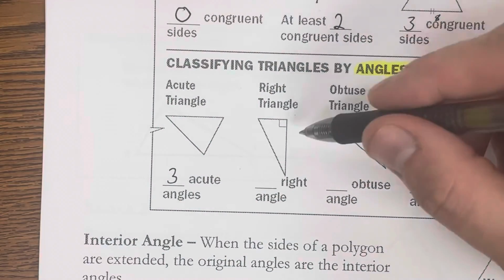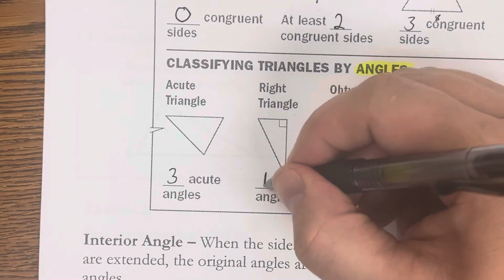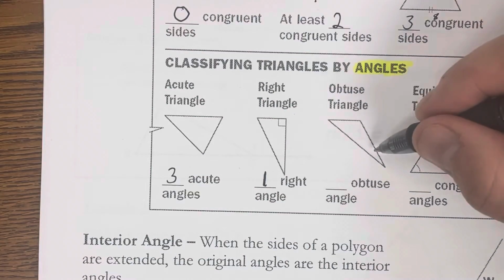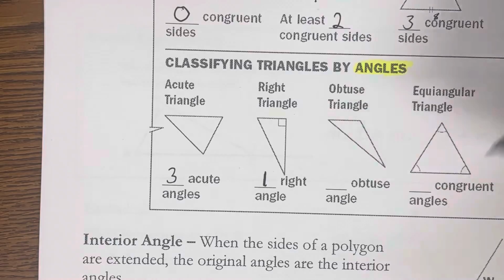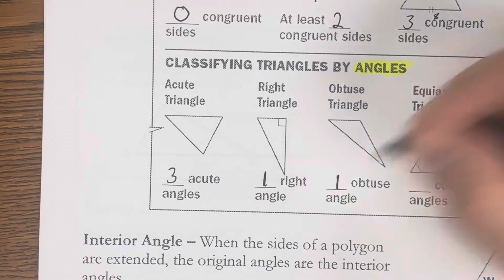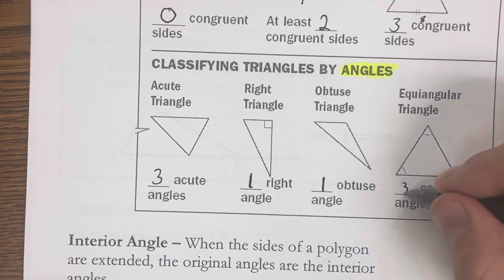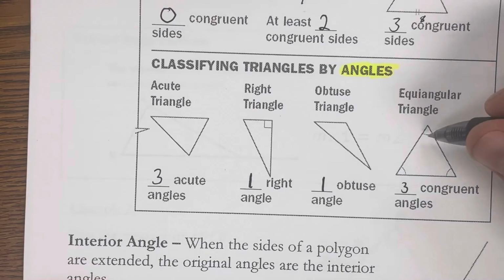A triangle is a right triangle if it has exactly 1 right angle. An obtuse triangle has 1 obtuse angle. So one of the angles is bigger than 90. And an equiangular triangle has 3 congruent angles. So in this case, it's marked with the tick marks on all 3 angles. That means those are the same size.